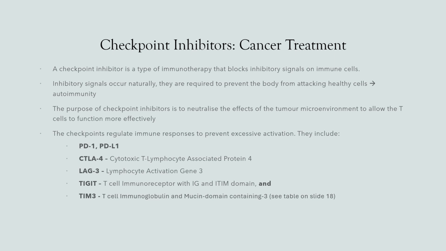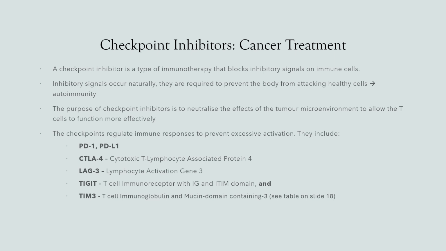CD155 binds with CD226, but if the CD155 comes across this TIGIT, it's like an off switch, so it'll switch off the T cell expression. So the tumors can take advantage of this by increasing their CD155 expression, and therefore again avoiding T cell and natural killer cell destruction.